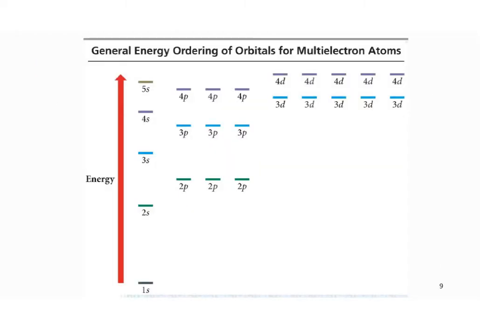So the Aufbau principle, if you remember, says that electrons go into the lowest energy level orbitals first, and here is the arrangement by energy of orbitals. So when you're writing electron configuration, you pretty much have to commit to memory the relative energies of them. And it may seem overwhelming now, but it's pretty easy.